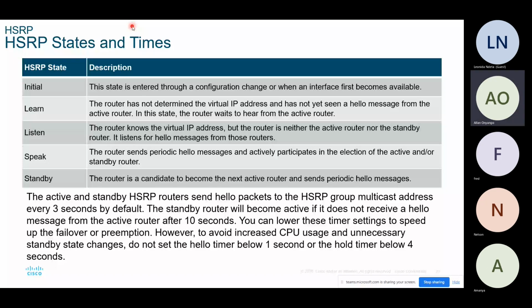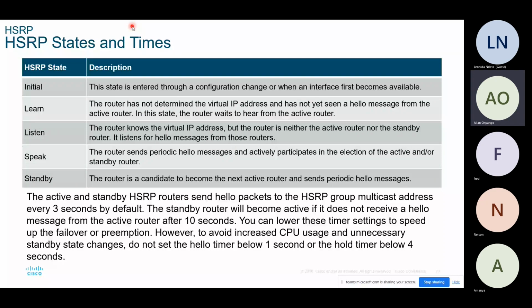At this step, the router has not determined the virtual IP address, and it has not seen any hello messages from the other routers. So the router is actually waiting to hear from the other HSRP neighbors. Then we go to the listen state. At this step, the router knows the virtual IP of the other router, but it is neither the active nor the standby router. It's still listening for hello messages from the other routers.